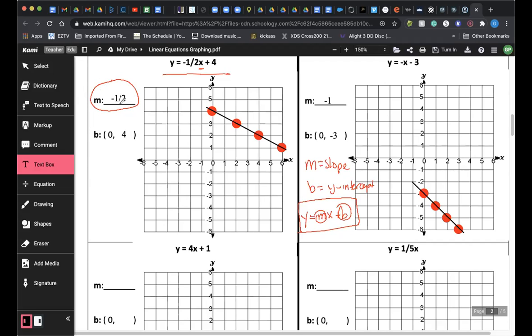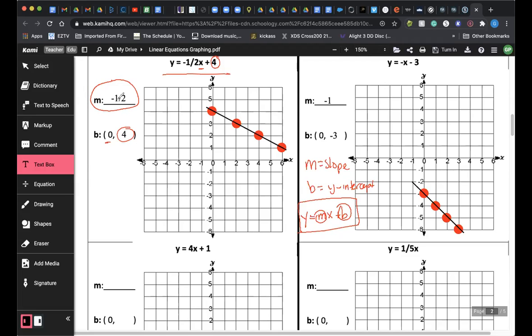That is my slope. My b is 4. So the location of that point on my graph is (0, 4), because I'm not moving at all left or right. I'm just going up to the 4 on the y-axis. 1, 2, 3, 4. So that's the first point on my graph.